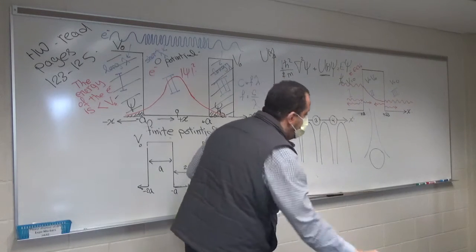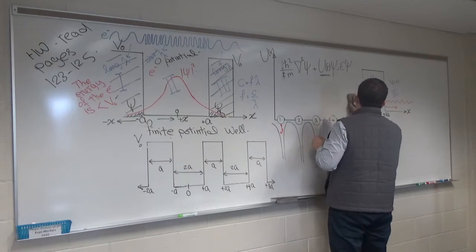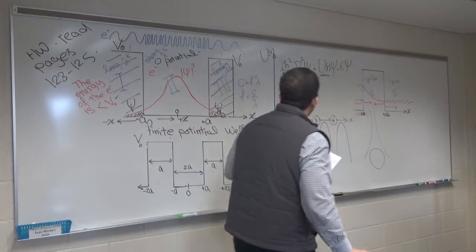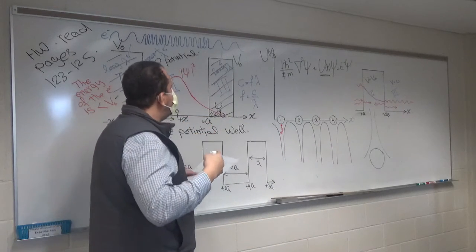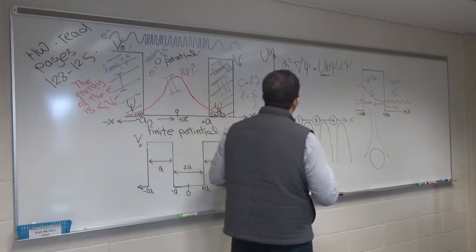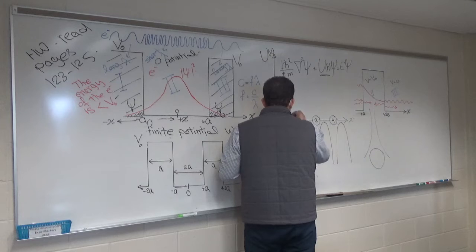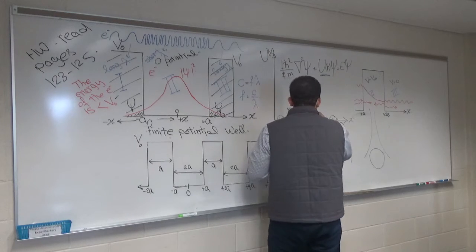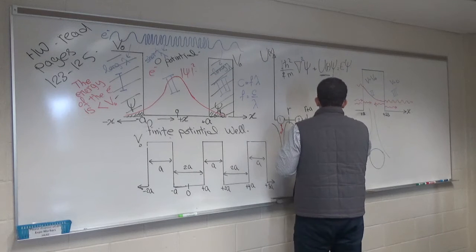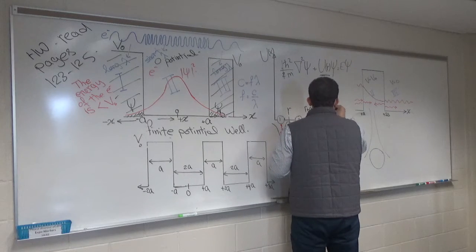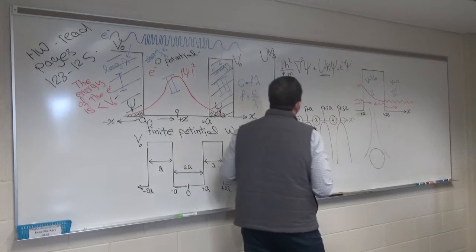And then you solve this equation, and when you solve it, notice that the potential is actually periodic. What does that mean? Let's assume that here we have r, and right here maybe we have r plus a, here r plus 2a, and here r plus 3a.